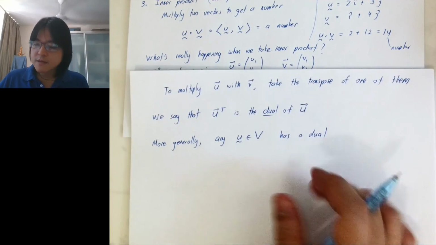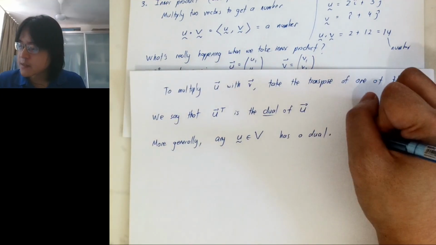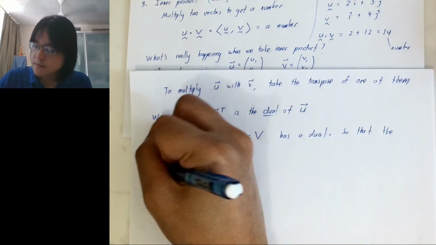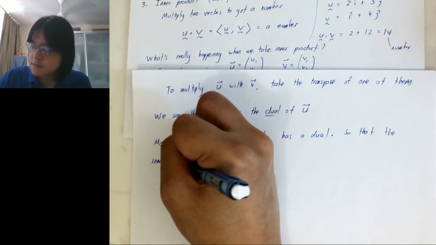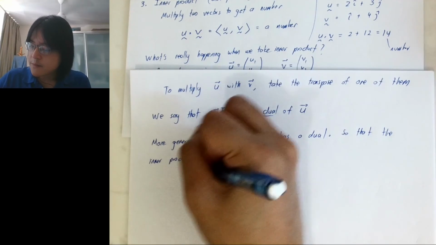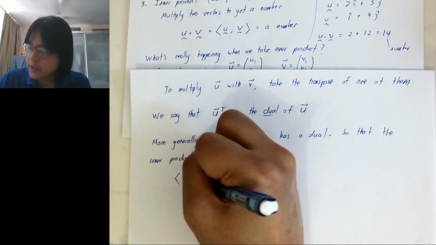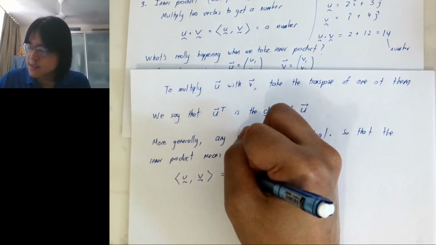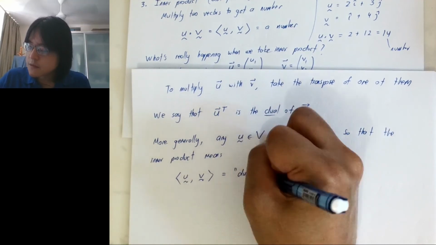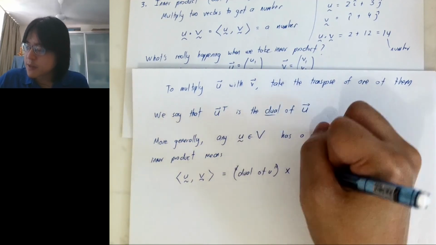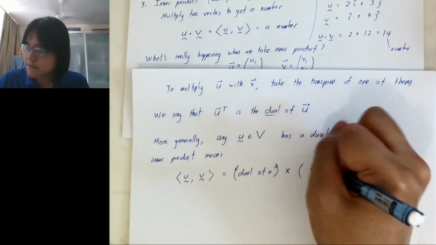Okay, so that means the inner product means, right, if I take a vector U and then a vector V, I take the dual of U, multiplied by just V itself.